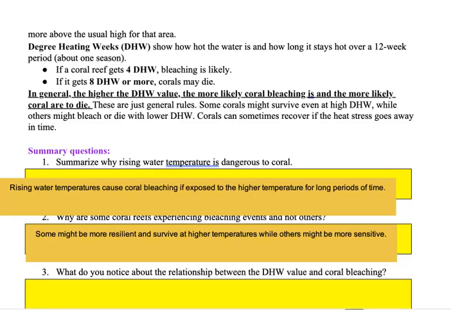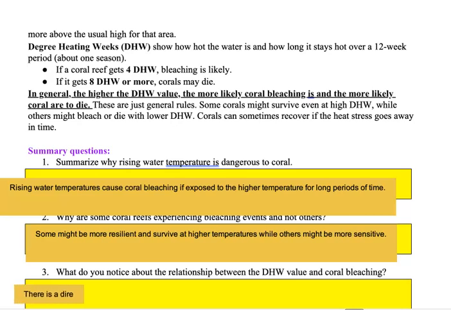And then it says, what do you notice about the relationship between the DHW value and coral bleaching? We'll go right up to these 2 bullet points at the very top of the page. It says, if a coral reef gets 4 DHWs, bleaching is likely. If it gets 8 DHWs or more, corals may die. So that's a direct relationship.